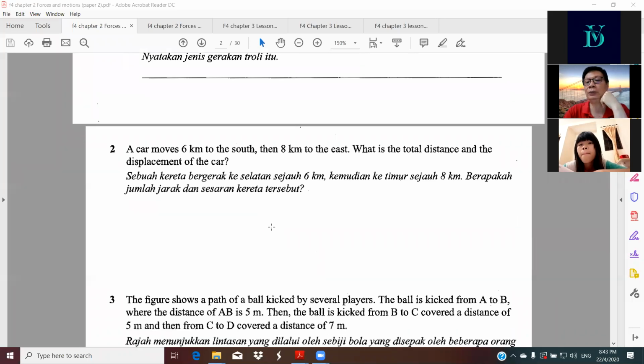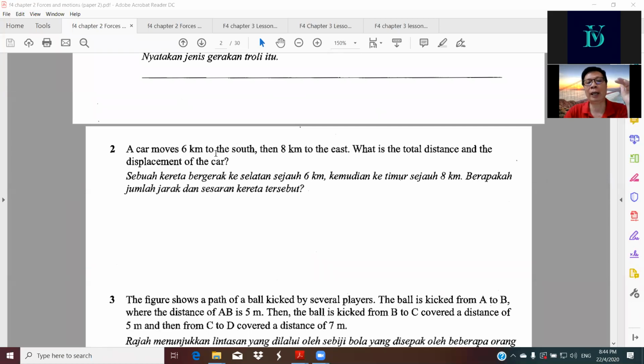Okay, question number 2. Read the question. A car moves 6 kilometers to the south and 8 kilometers to the east, right? So what is the total distance and the displacement of the car? 2 questions here.